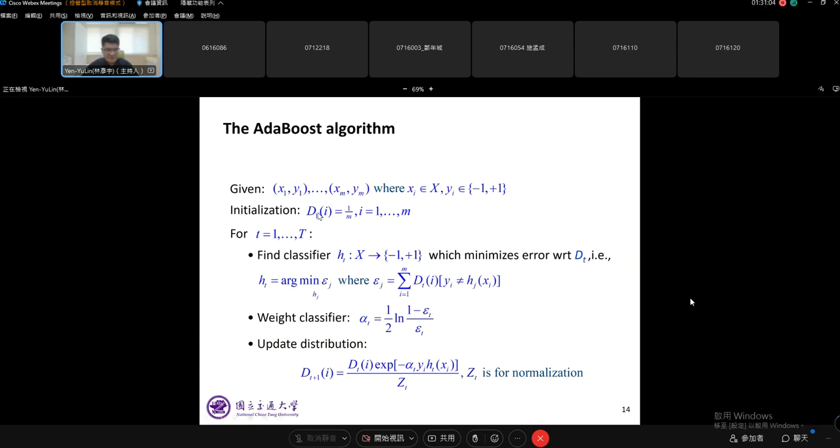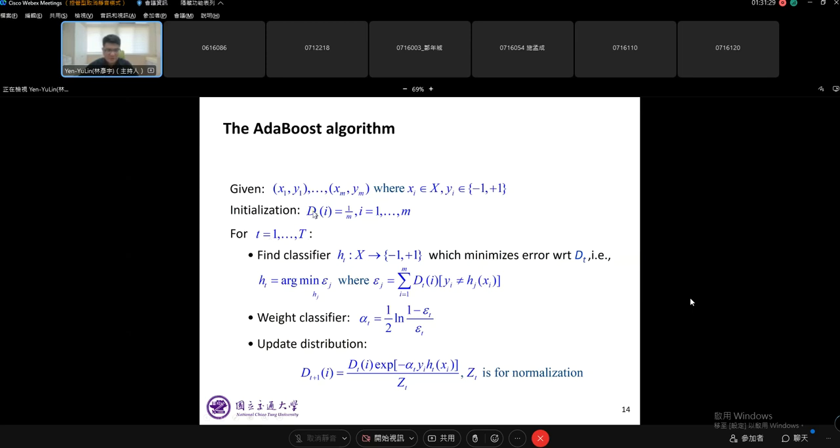We know AdaBoost is an iterative algorithm. The subscript is used to index the iteration. So D1 is the data weight distribution used for the first iteration. We need to initialize its value before running the iterative process.